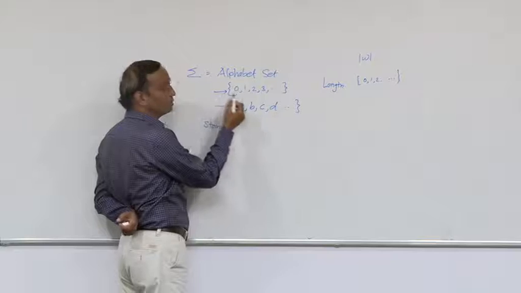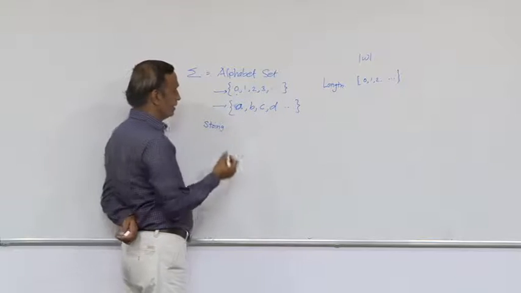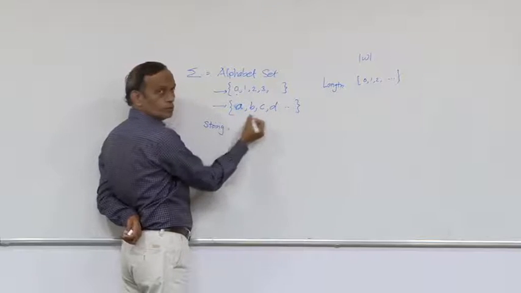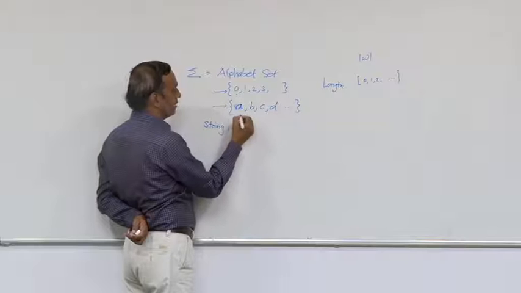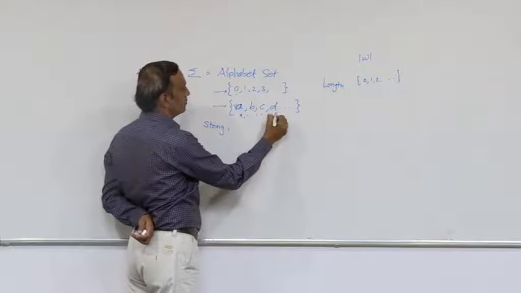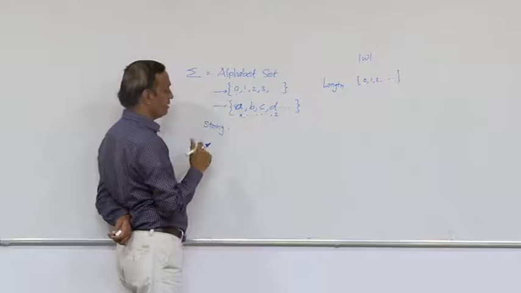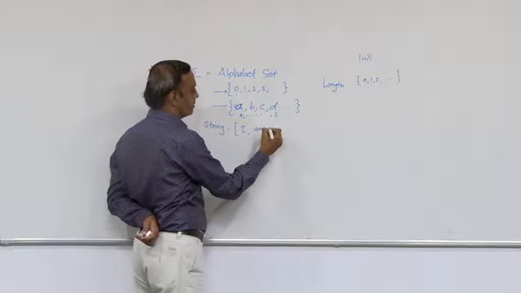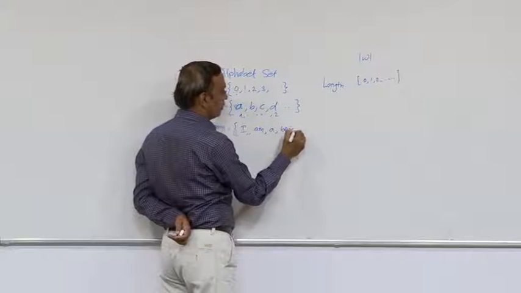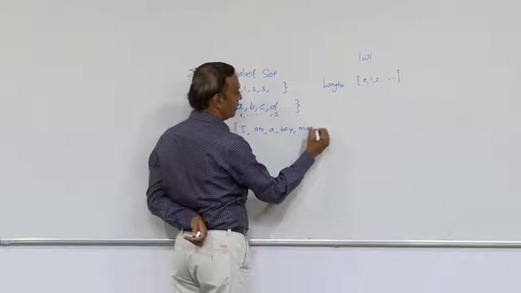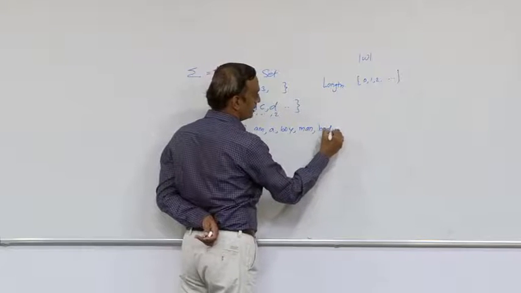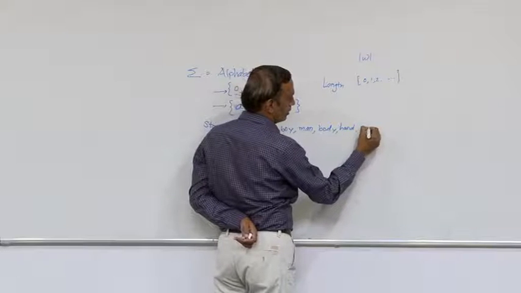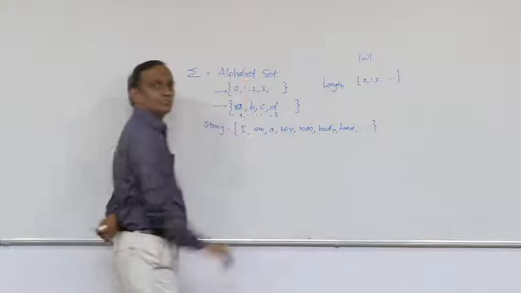For example, it could be 0, 1, 2, 3, or it could be A, B, C, D. So the strings that I can possibly generate, for example, if I take input to be a to z, as well as capital A to Z, considering this for the English language, my possible strings could be I, am, a, boy, man, body, hand, and so on.